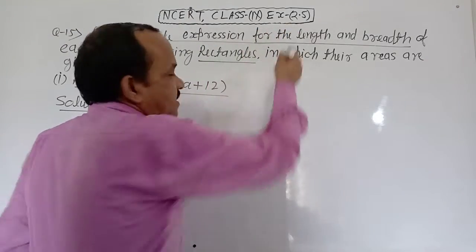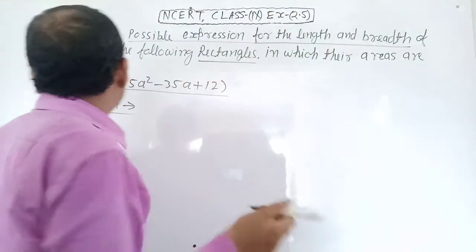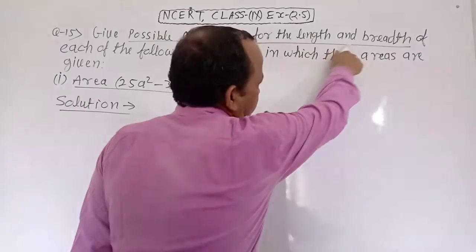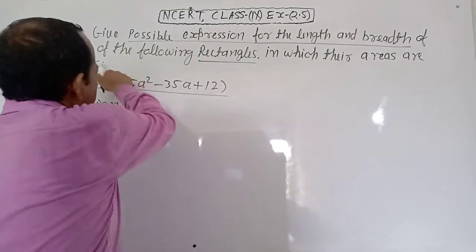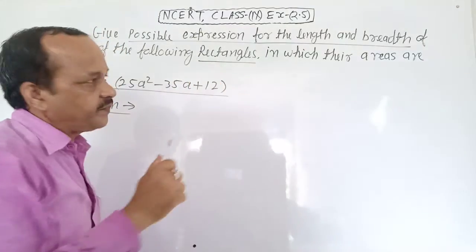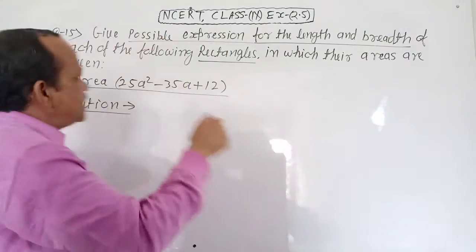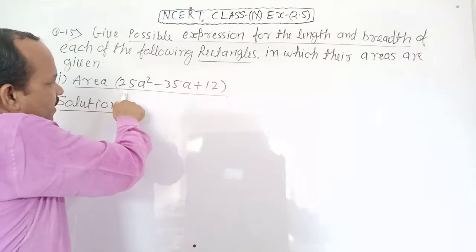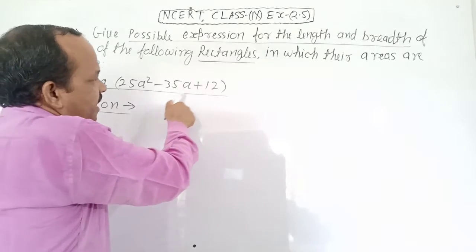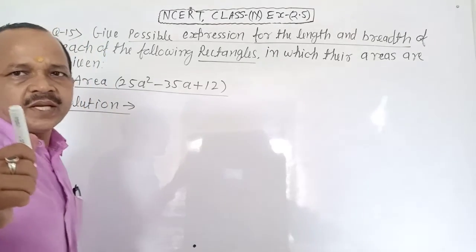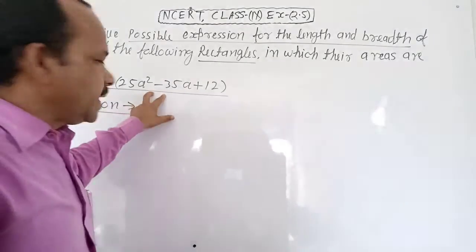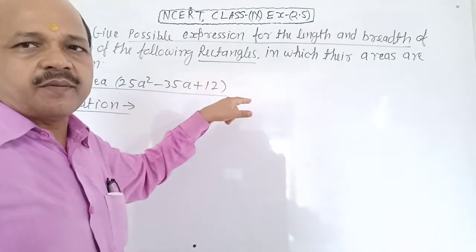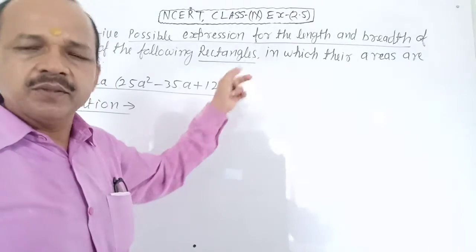NCERT class 9, exercise 2.5, question 15. Give possible expressions for the length and breadth of each of the following rectangles in which their areas are given. First, area 25a square minus 35a plus 12. It means it is the area of a rectangle. You find possible expressions of length and breadth.